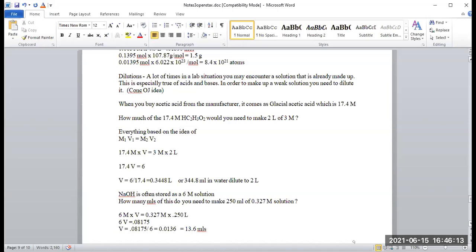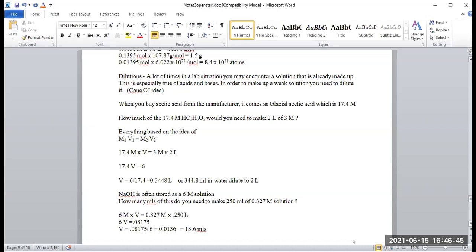Even that's really pushing it. Most of them are below 20, and a significant number of them are below 10. So if I want to make a less concentrated version, I'm going to make some 3 molar. But I started out with the 17.4 molar. I want to make 2 liters of it. We have a little formula here.